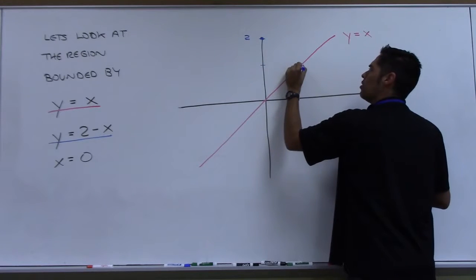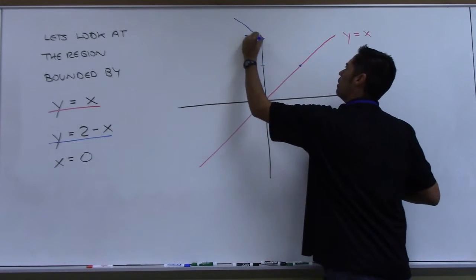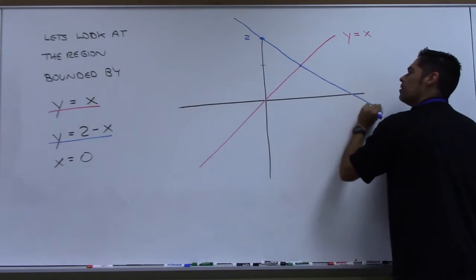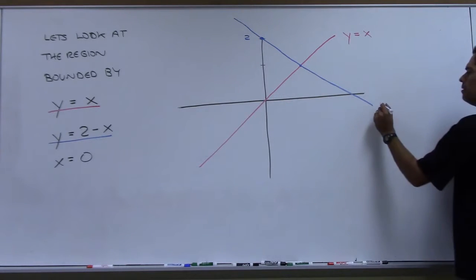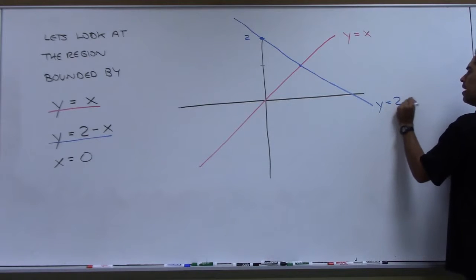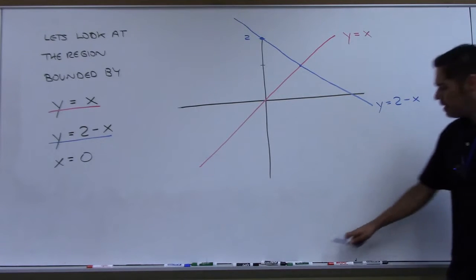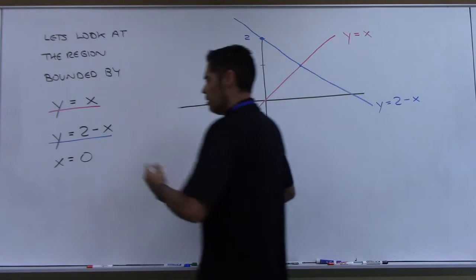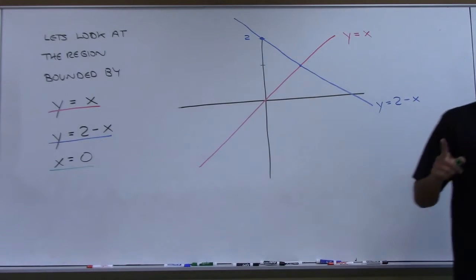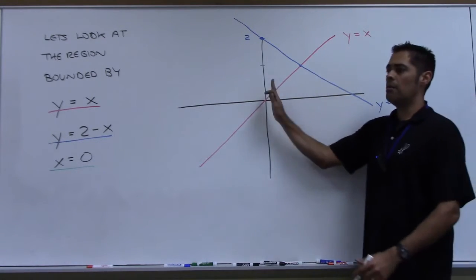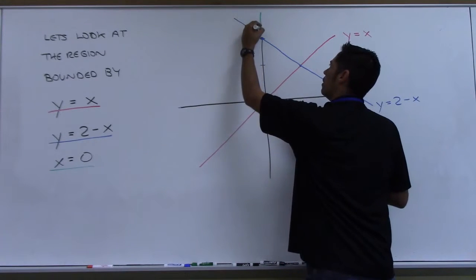Down 1 over 1, it should hit this one. Like that, yes? And then label it y equals 2 minus x. Finally, x equals 0, which is what? The y-axis. So x equals 0 is the y-axis.